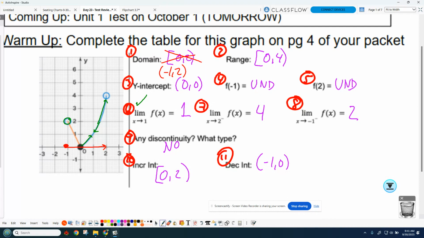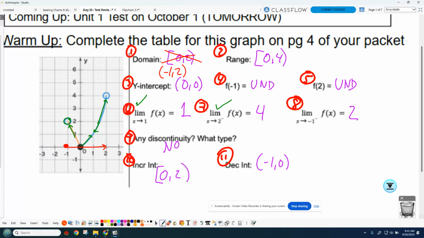So if you had to guess where you would be, I agree. -1 from the left side. That's going to 2. And then the discontinuity, I would also agree, I would say there's no discontinuity. There's holes at the ends, but I wouldn't call those discontinuities. And I'm not going to ask that, because it's a little bit unfair.